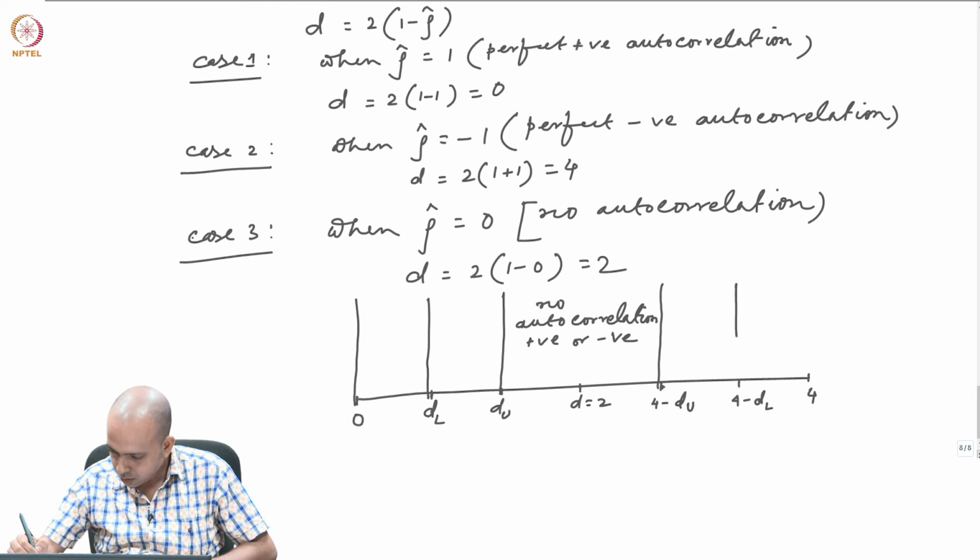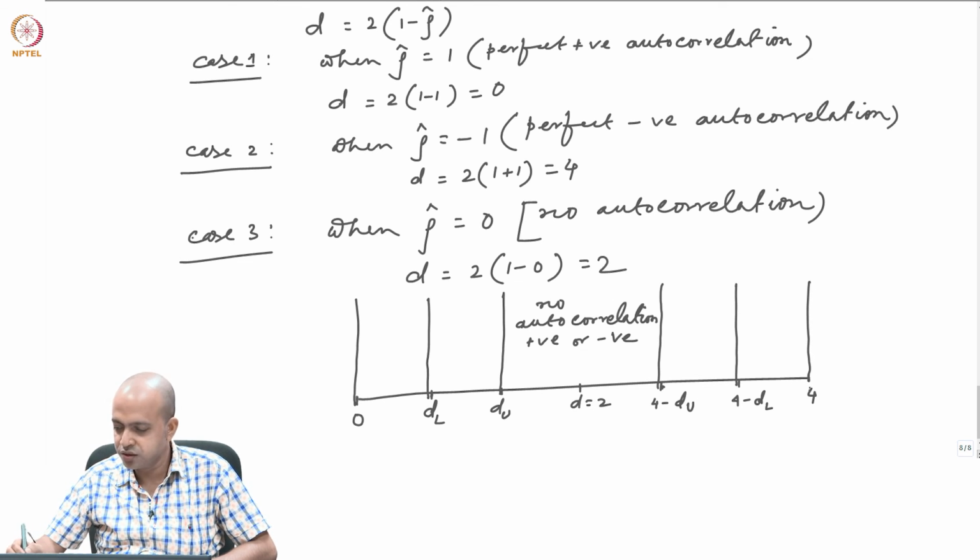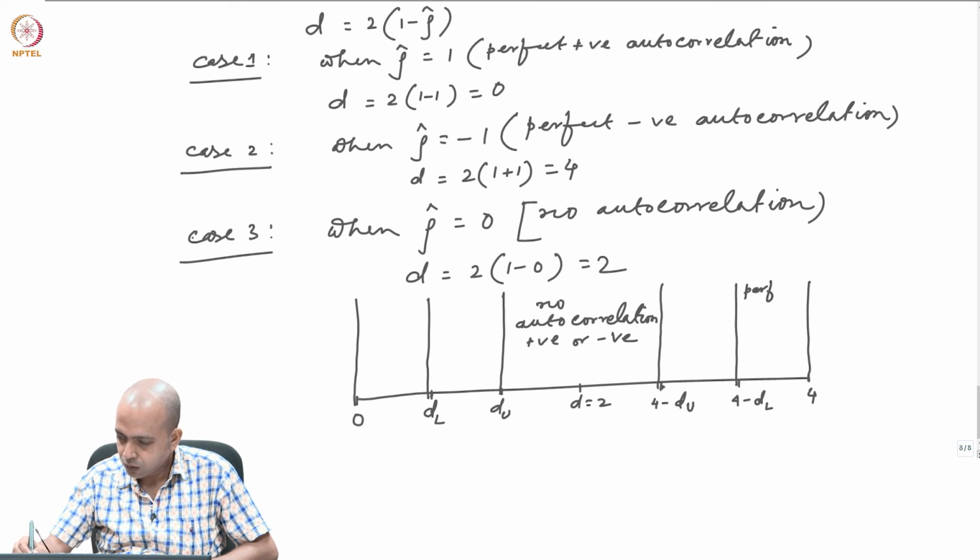And then when the values are in this region, that means towards 4, there is perfect negative autocorrelation.